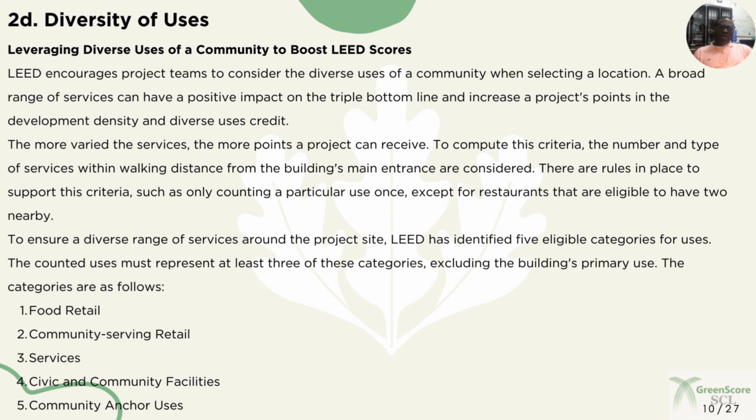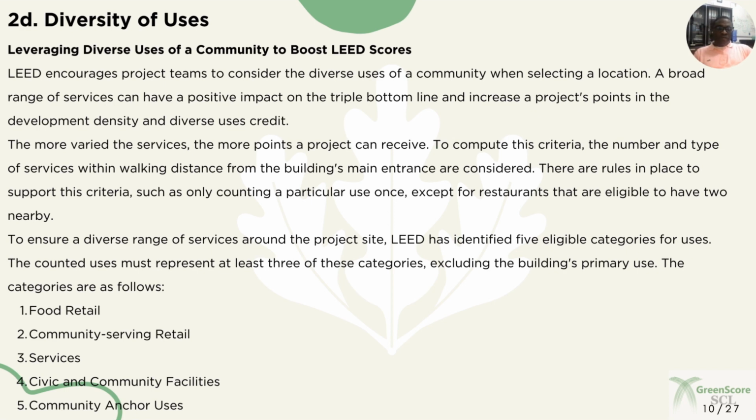Now, to ensure that there is a diverse range of services around the project site, 5 eligible categories for uses have been identified by LEED. And these counted uses must represent at least 3 of these categories, and that excludes the building's primary use. The categories are as follows: 1.